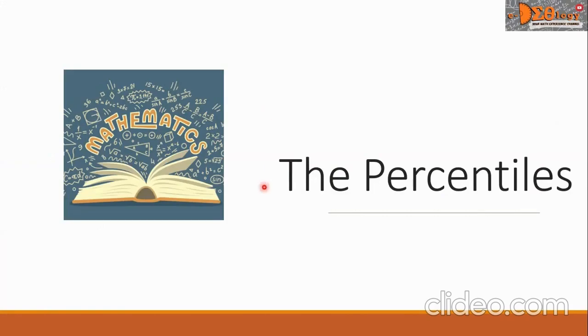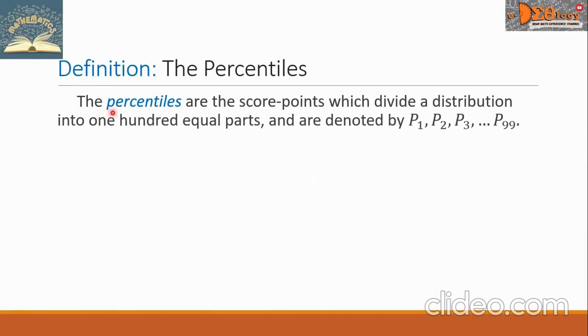Today we're going to study the percentiles. Let us define the percentiles. The percentiles are the score points which divide a distribution into 100 equal parts and are denoted by P sub 1 for first percentile, P sub 2 for second percentile, P sub 3 for third percentile, up to P sub 99 for the 99th percentile.